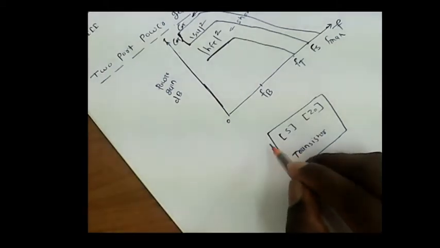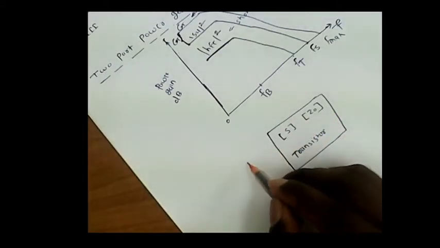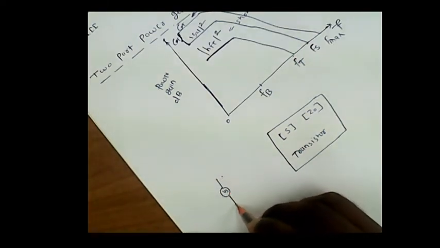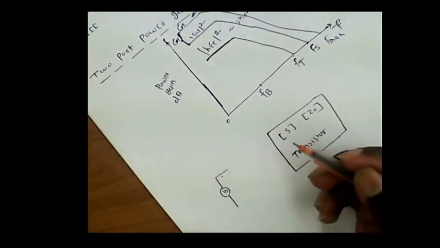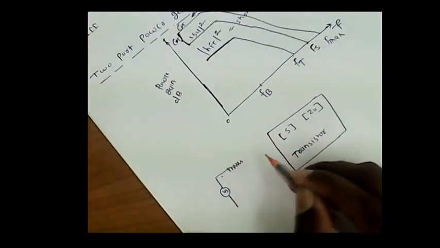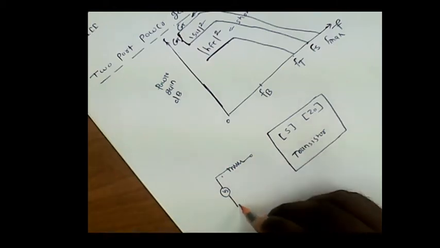So it is a two-port network. At the source side there is a voltage source given by Vs and there is a source impedance denoted by Zs.